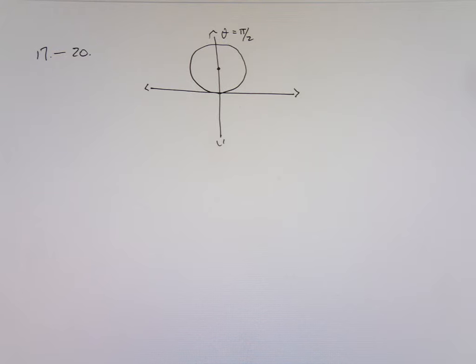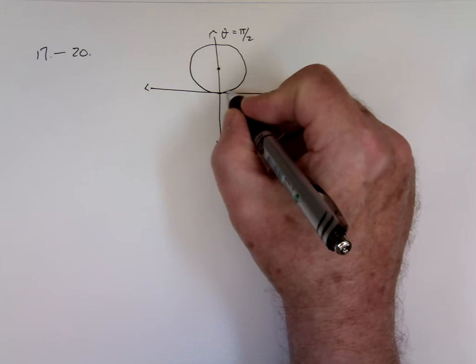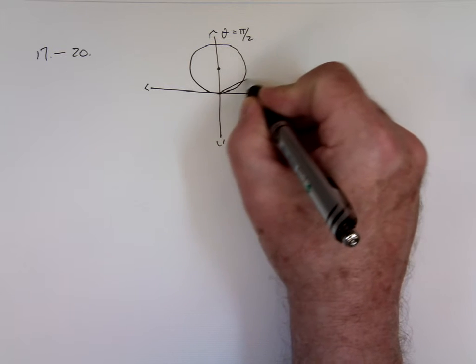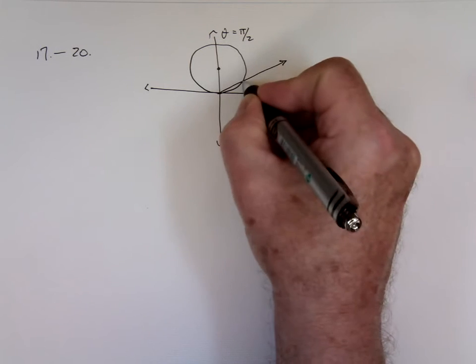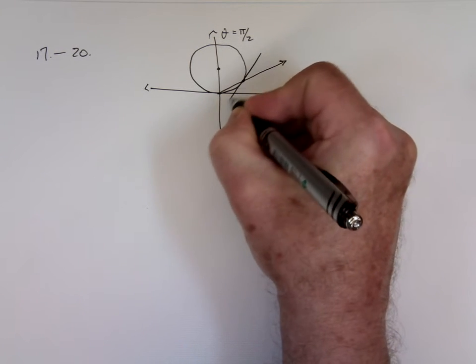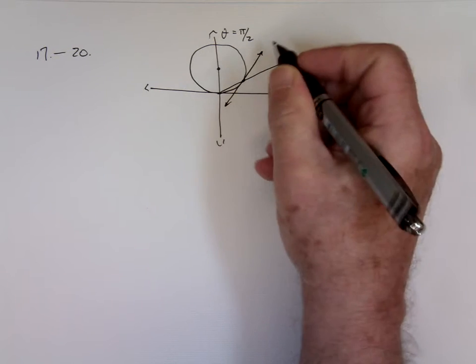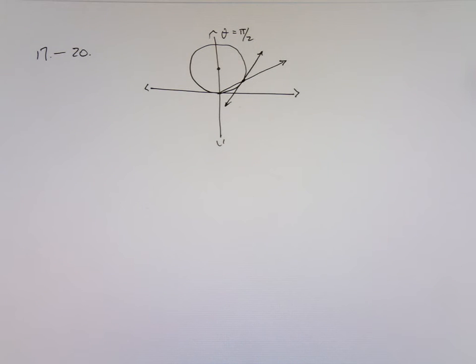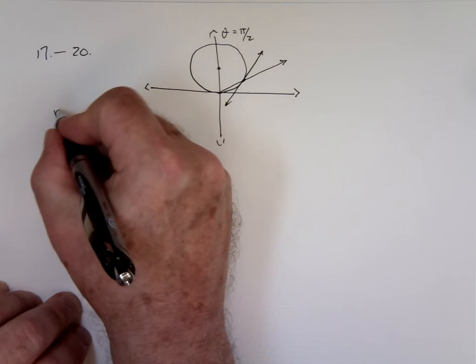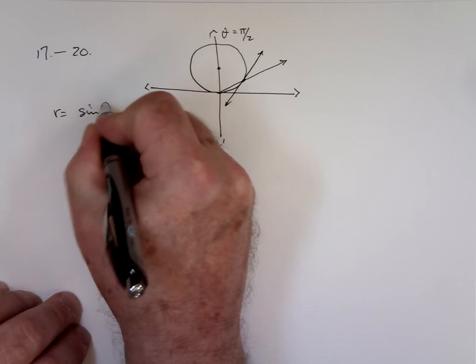Slope of the tangent line, oh boy. At pi over 8, we want the slope of this tangent line at that point right there. Well, you find slopes of tangent lines by finding dy/dx. We have r equals sine theta, and we need dy/dx.